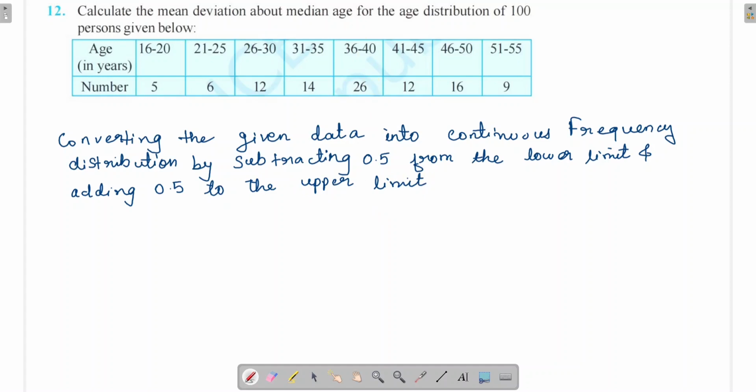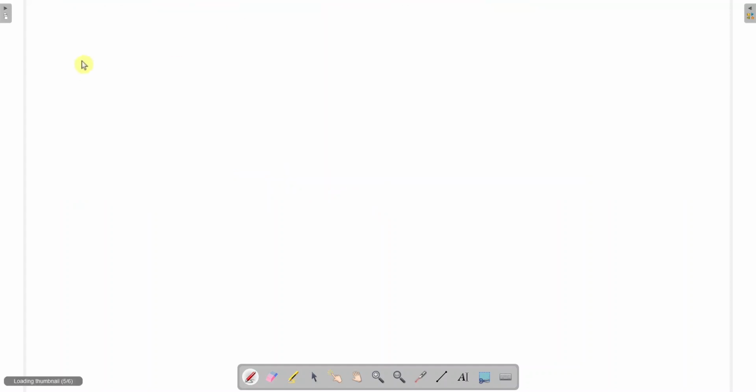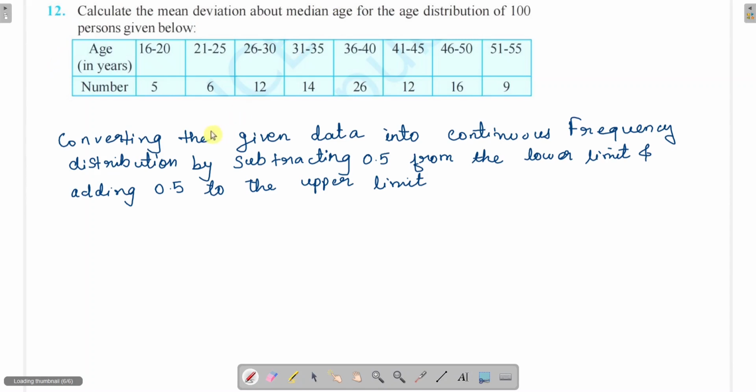Okay, so let us make the table here. Age in years, then number, so now let us convert this data into continuous frequency distribution.